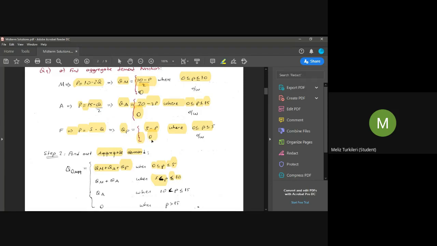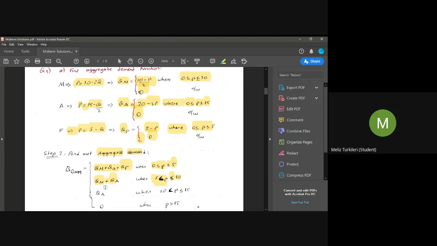So we do not have to add this demand equation into the aggregate demand function. But again, check that when the price is higher than 5, we have positive demand for the second and the first consumers. So the aggregate demand equation is constituted with the first demand equation and the second demand equation. But we do not have the third one because it is 0 when the price is higher than 5.